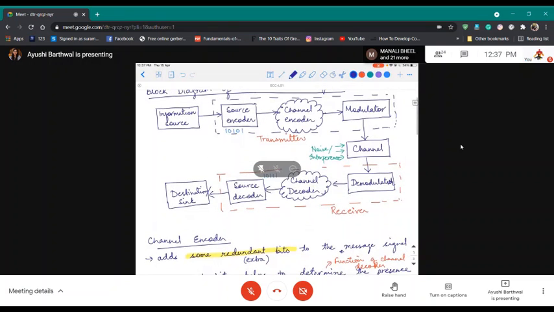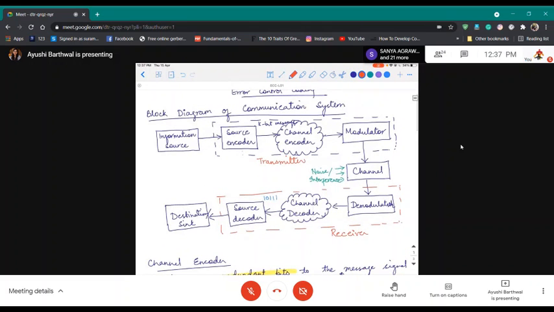Have you studied source encoder yet? Source encoder and source decoders. We have an idea, ma'am. So what happens after the source encoder? The source encoder will generate a k-bit message. So k-bit message means, suppose it is a 5-bit message.